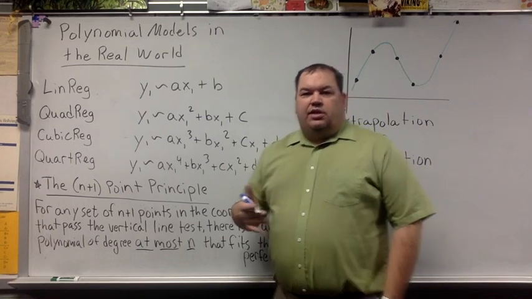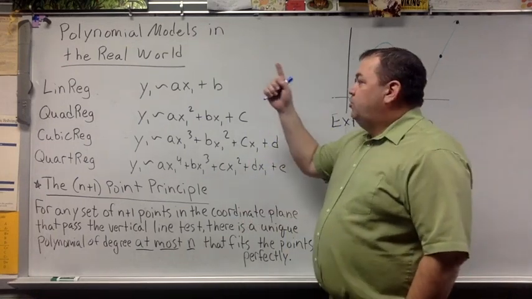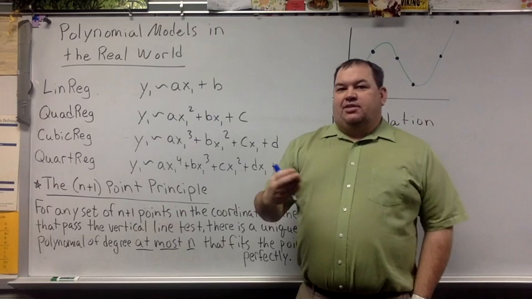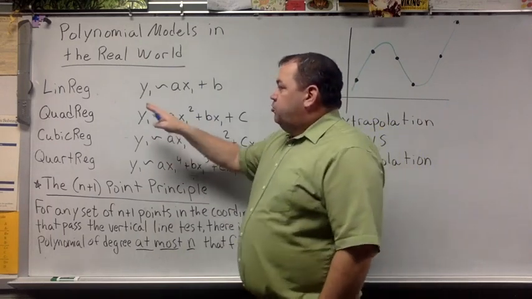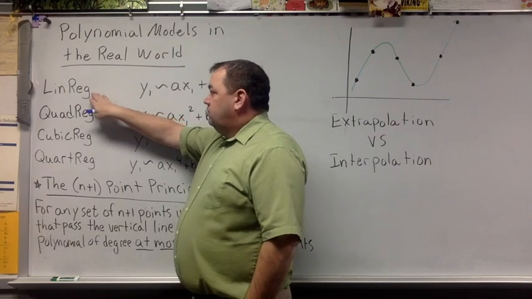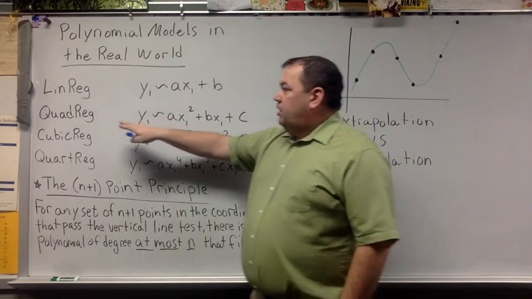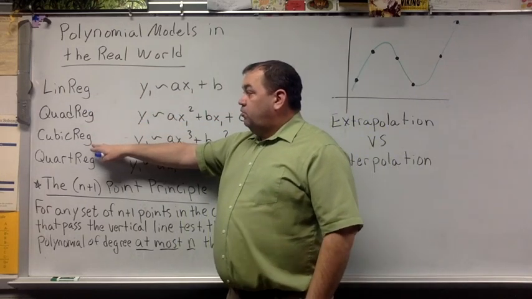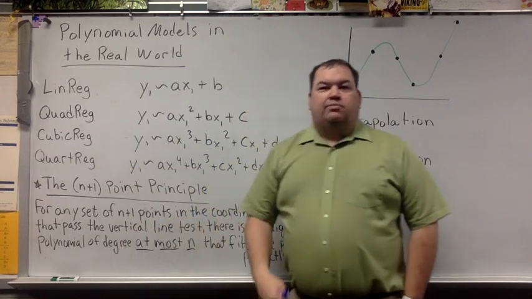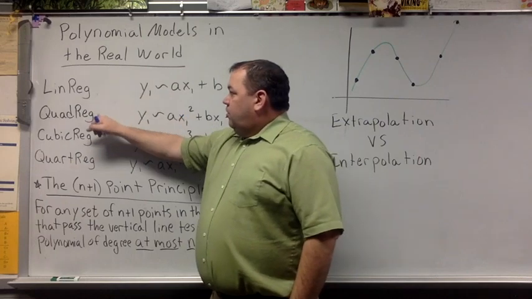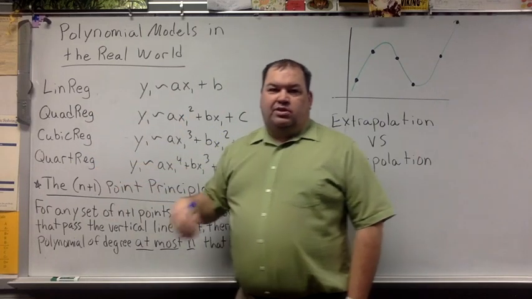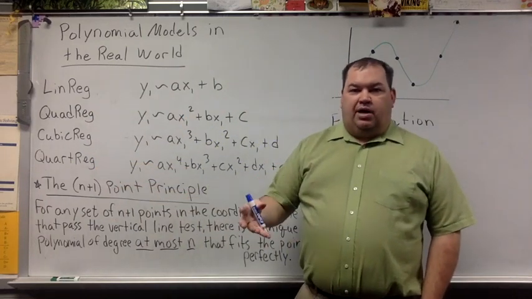So as we're studying these real-world polynomial models, we have to make a decision on what kind of model we want. So here are some choices. We could do a linear model, we could do a quadratic model, or a cubic model, or a quartic model. Now if you're using a TI calculator, these are the different ways that you can tell your calculator to create a model.